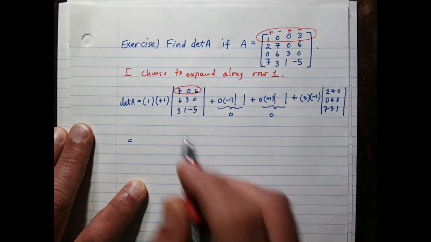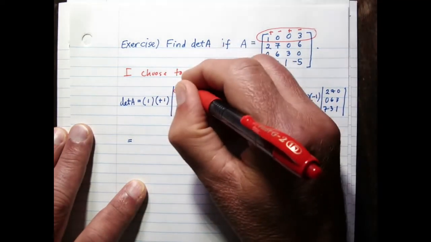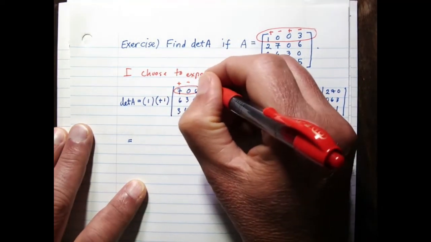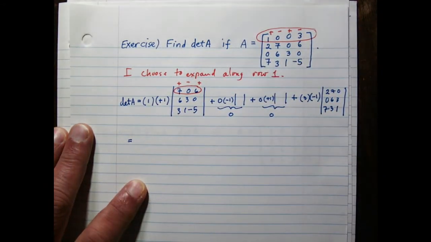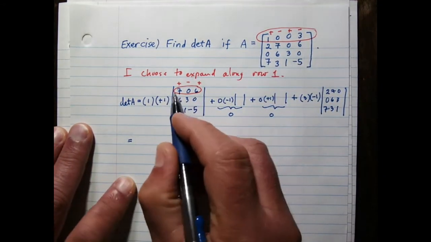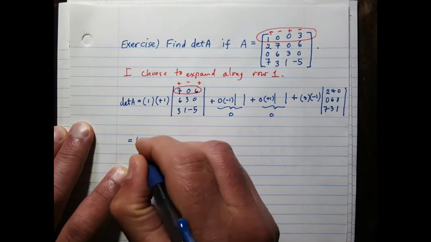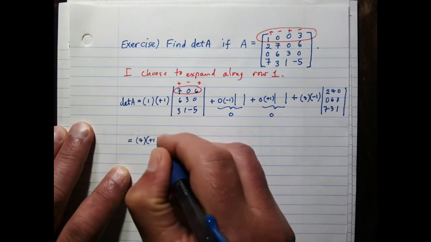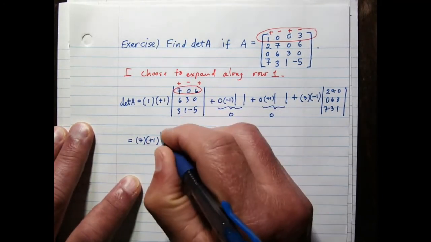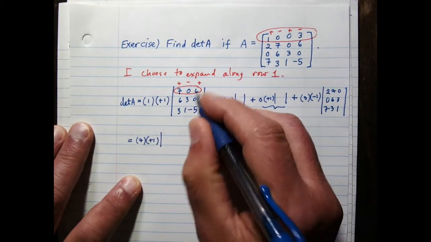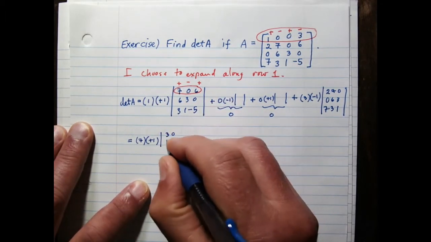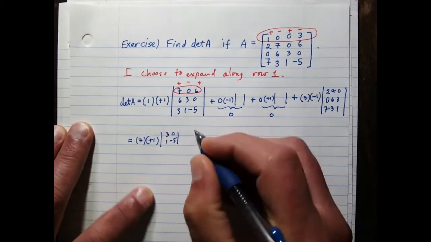Now, I start a whole new pattern of plus or minus signs. And so for this determinant, I write the entry 7 times a +1 times the 2 by 2 determinant when I remove its row and column, 3, 0, 1, -5.